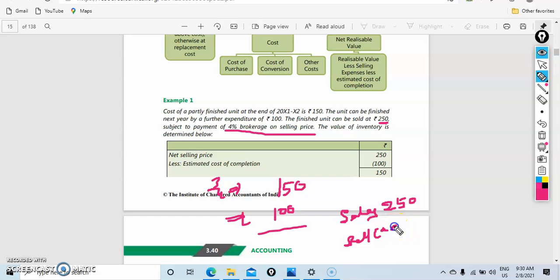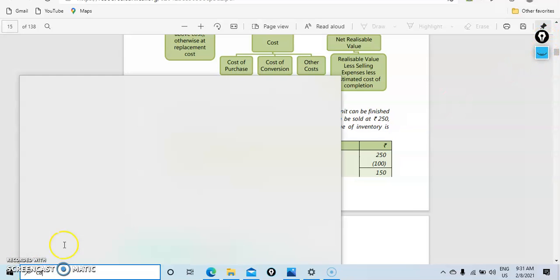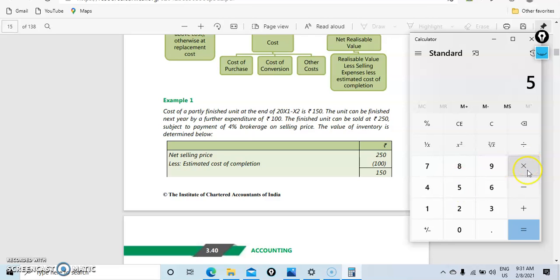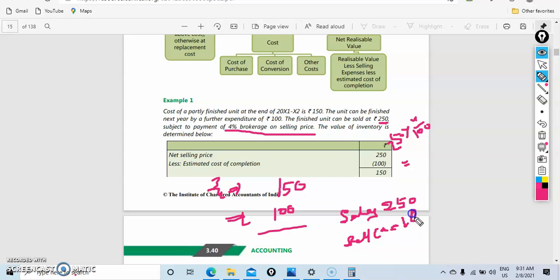So 250 into 4% we should put here. 250 into 4 by 100, if you calculate, it is 10 rupees as the selling expenses. Now we have 10 rupees as selling expenses.